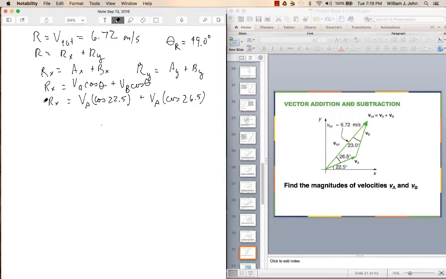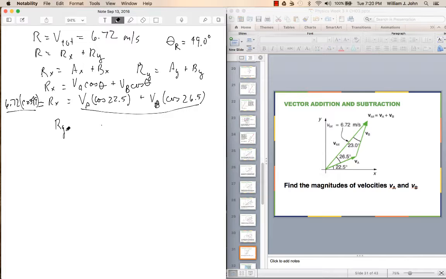We also know that Rx is equal to R, which is 6.72 times cosine of 49 degrees. So now we have an equation that has two variables. This should be a B, by the way. Two variables and a result.